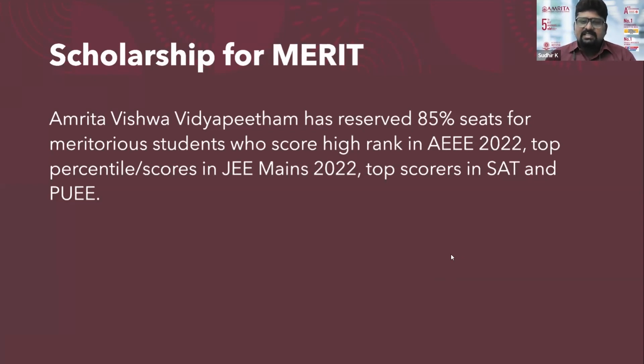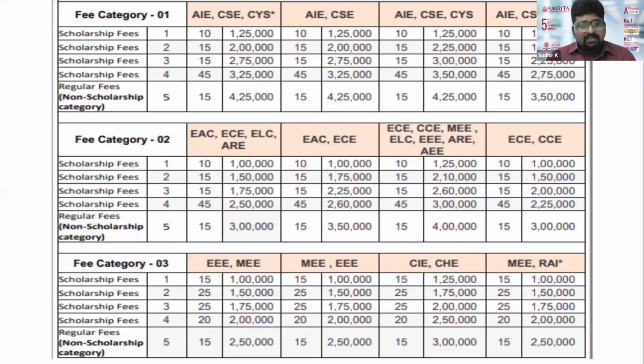When the results are announced, I will inform you. As you can see, this is the fee structure. Whether you get scholarship fees of 1,25,000 or scholarship fees 2 is decided on the merit, or the percentiles which you get in this exam. So these fee structures vary based on your marks.